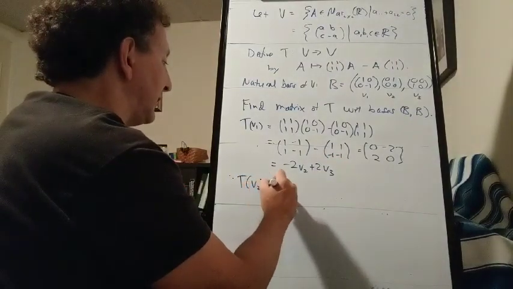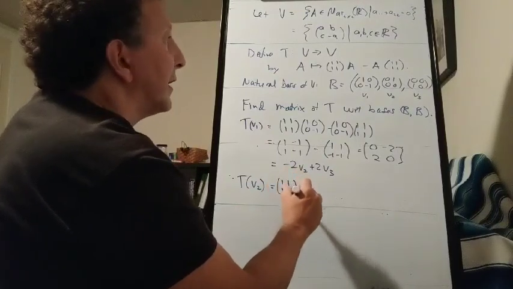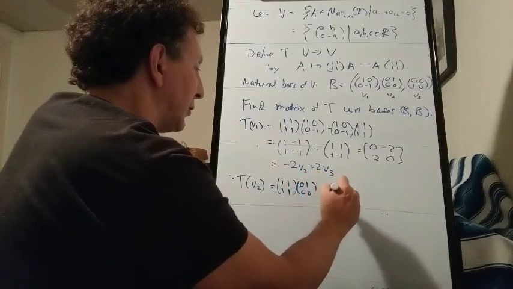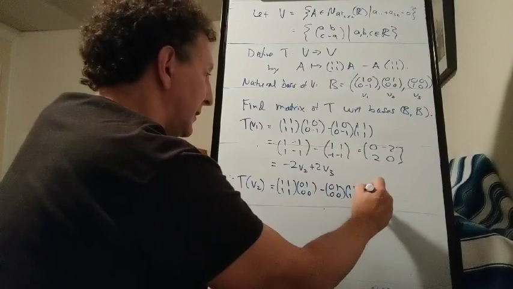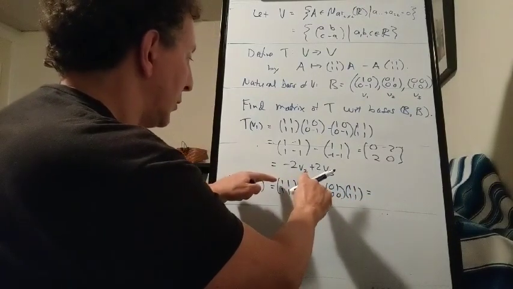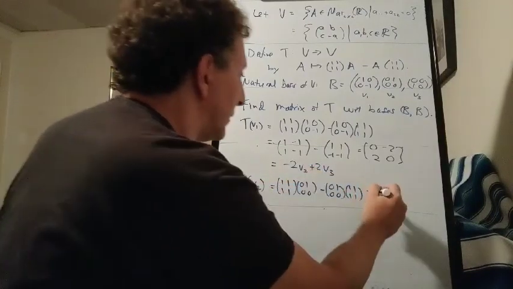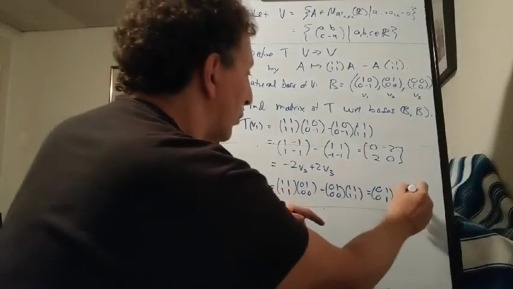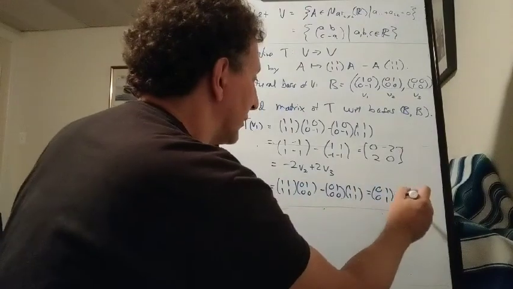Then what's T of V2? Well, that's [1, 1; 1, 1] times [0, 1; 0, 0] minus [0, 1; 0, 0] times [1, 1; 1, 1], and that is [0, 1; 0, 1] minus [1, 1; 0, 0].